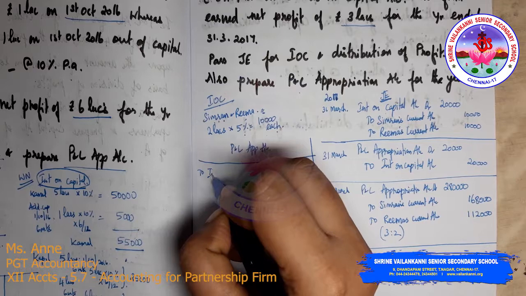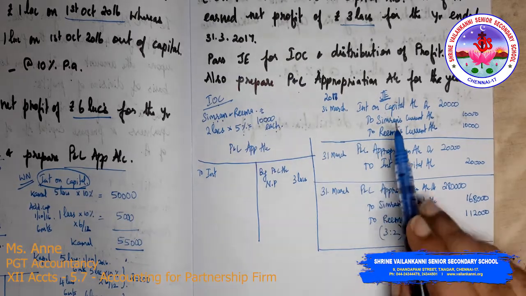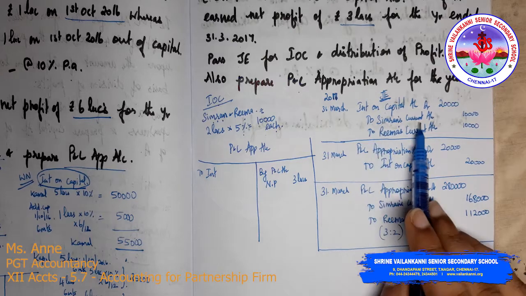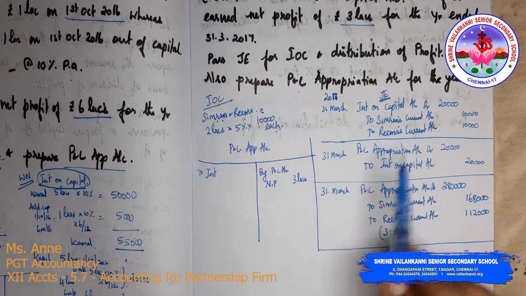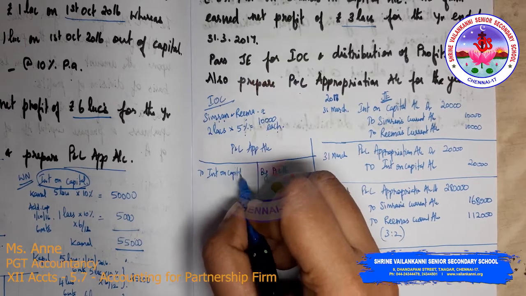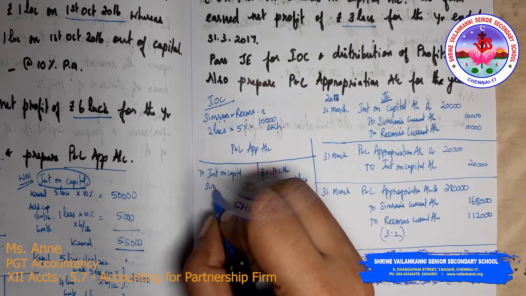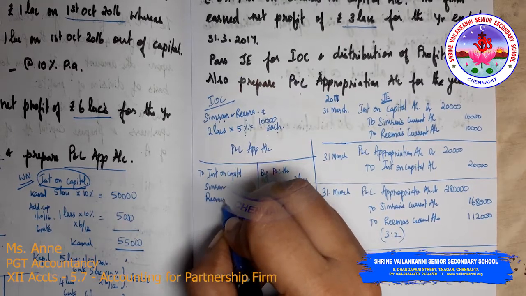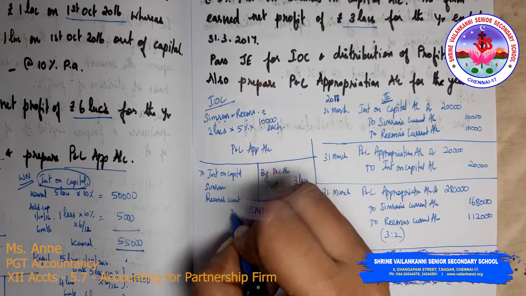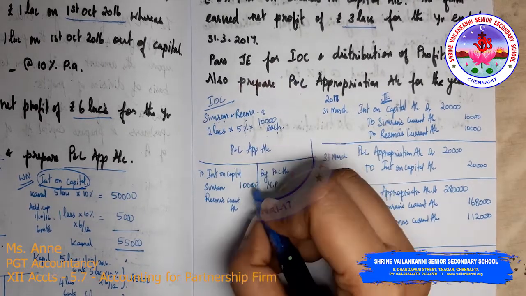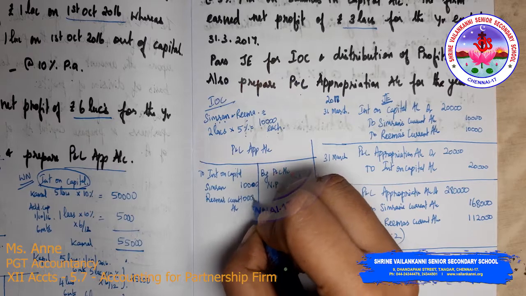To what is the journal entry? P&L appropriation account debit to Simran's current account to Reema's current account, right? To interest on capital, Simran and Reema's current account. So here 10,000 goes and here 10,000 goes.